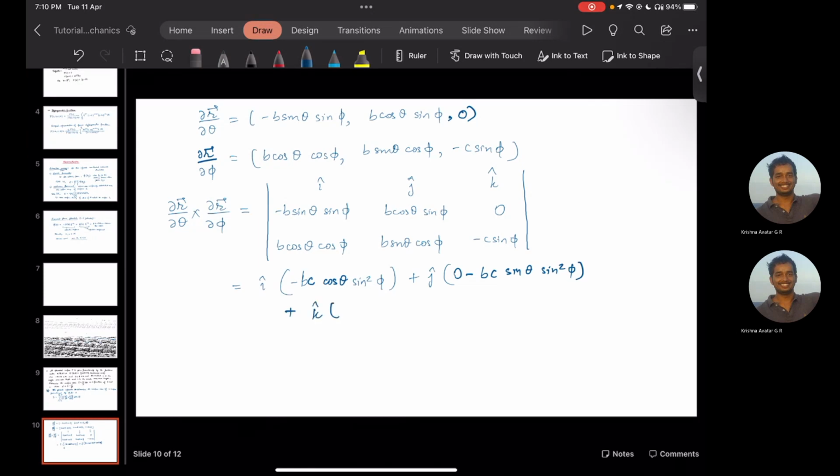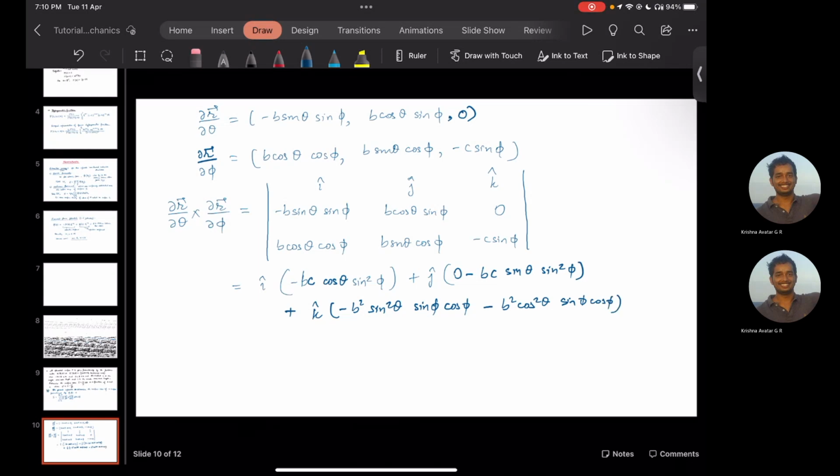Now for the k component, we have minus b squared sine squared theta sine phi cos phi minus b squared cosine squared theta sine phi cos phi.